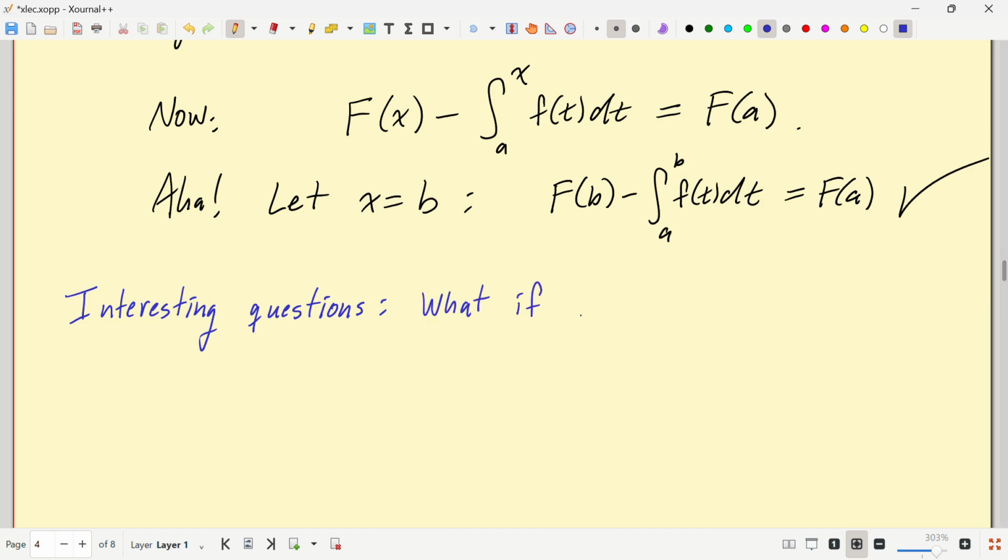If f is not continuous, but it's Riemann integrable. Think of the Thomae function, that weird thing. It is not continuous, but it is Riemann integrable.